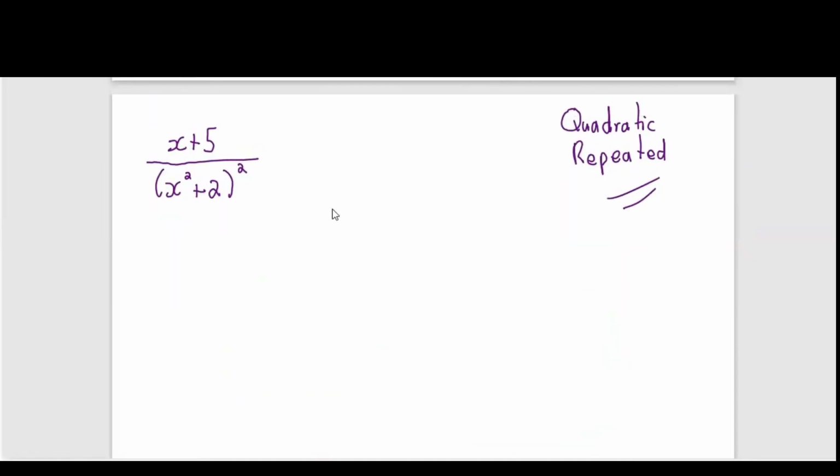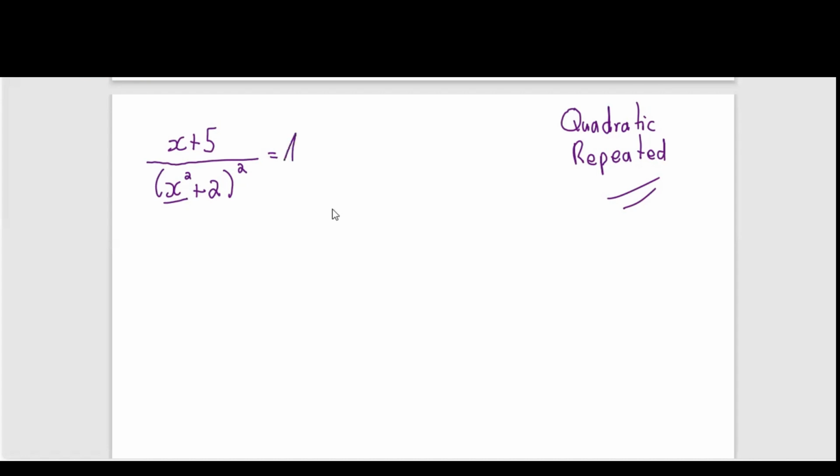So it's the same steps. Step one, look at the numerator and denominator. This cannot be factorized anymore. Nice. Step two, the type. We have quadratic repeated: quadratic because the power of x is 2, and repeated because obviously the entire thing is to the power of 2. So we can write it in partial fraction form.